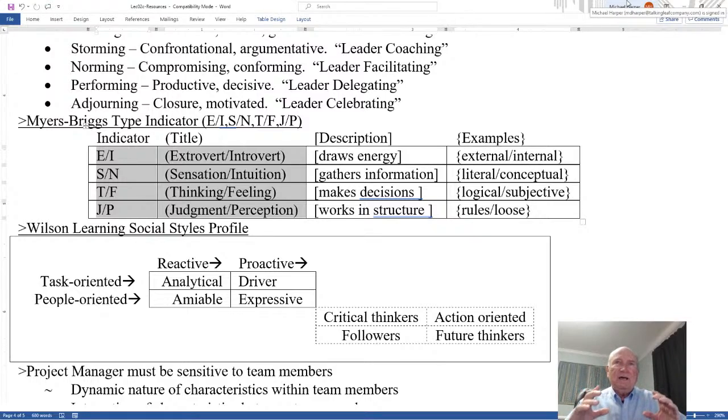The people need to understand how the types work together within a project. And a person says, oh, I need to be more introverted with this, and they can be. Or I need to be more extroverted, thinking or feeling, and they can do that. So an individual, a team member, can move back and forth between these types within a project.